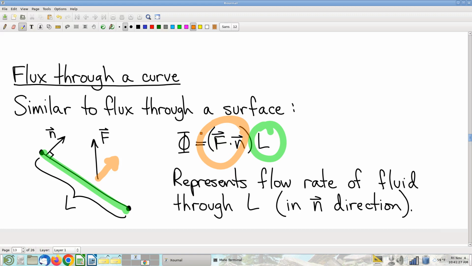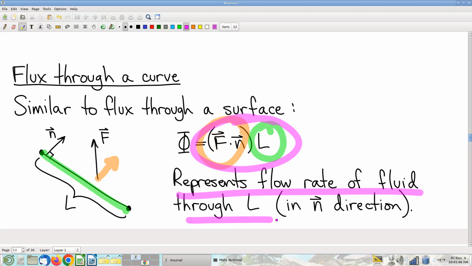And I think it stands to reason, and you can work out details if you'd like. It's highly analogous to what we did back in Chapter 3. This product tells you, in the appropriate sense, the appropriate units, what the flux is, how much fluid is flowing through the line. Okay. All right.